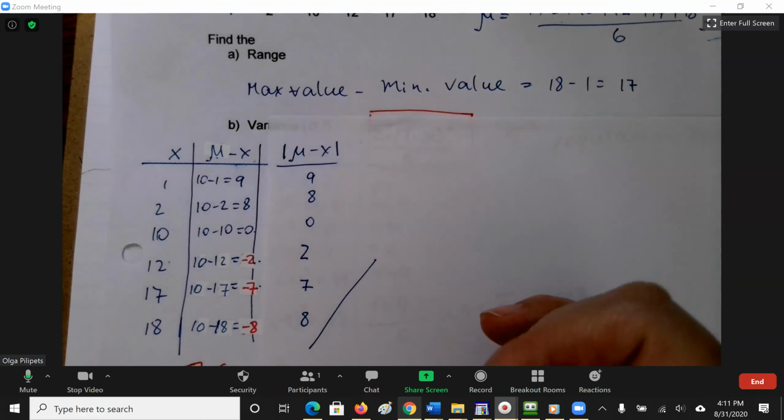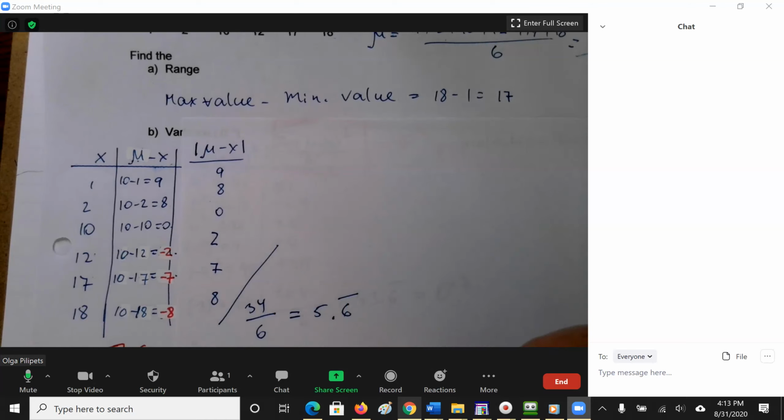So 34 divided by however many numbers there are, 1, 2, 3, 4, 5, 6, that would give me the mean absolute average. So for this example, I have a mean absolute average of 5.6 repeated. So that's the mean absolute average.